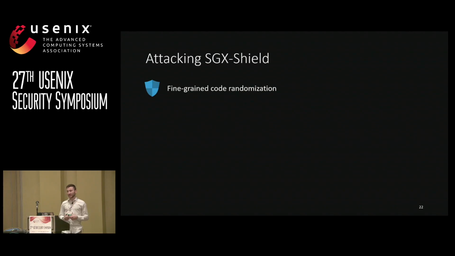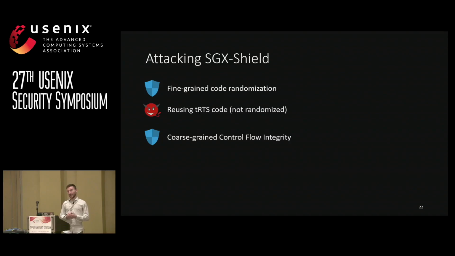Well, attacking SGX-Shield has a few challenges. The first one is the randomization. However, like we said, the TRTS is not randomized, and our code reuse is based on the TRTS. So we can beat the randomization by reusing non-randomized code. The other thing is we have control flow integrity in SGX-Shield, which could break our attack.